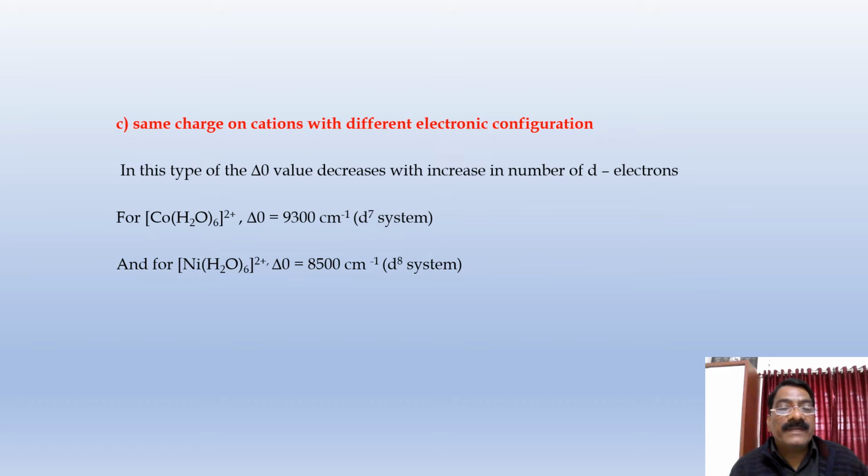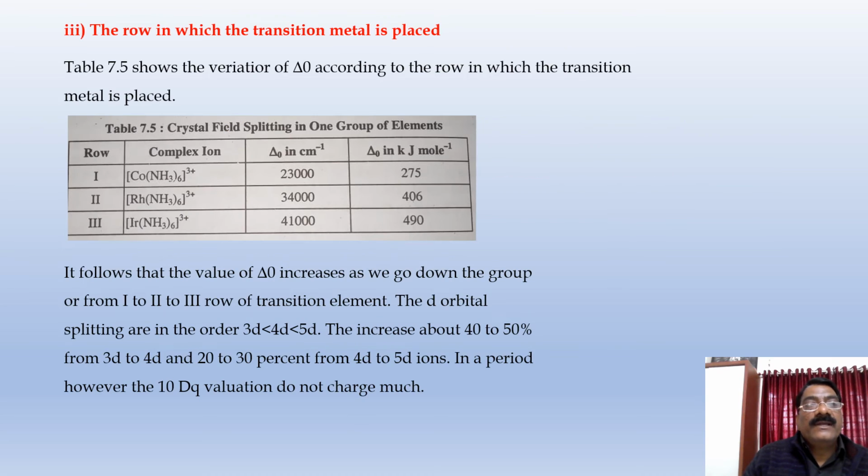The Co complex has a 10 dq value of 9,300 centimeter inverse, while the nickel complex has a 10 dq of 8,500 centimeter inverse. That means the unpaired electrons or the electronic configuration change, and it can show different values.